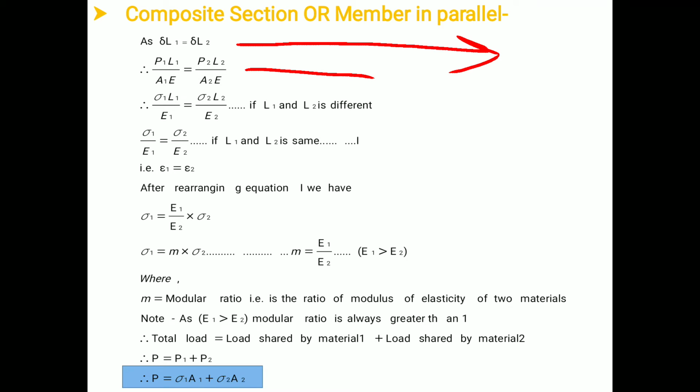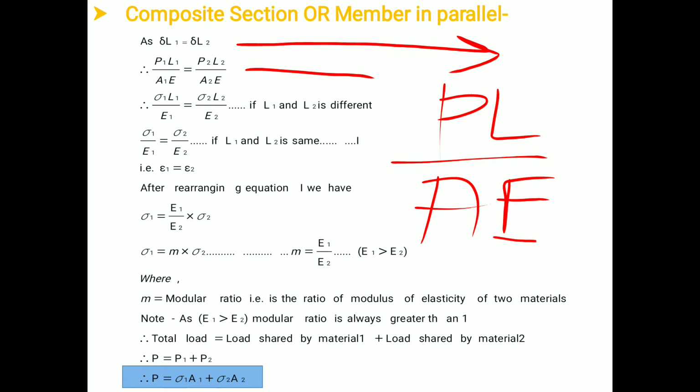Now all of you know how to calculate the value of deformation in the body. The deformation in the body can be given by PL upon AE. Now in our case we have two members which are parallel to each other and their deformation is same.